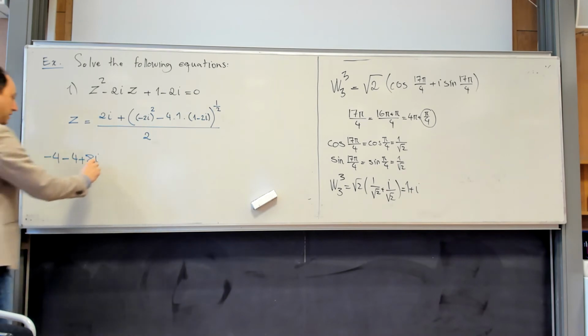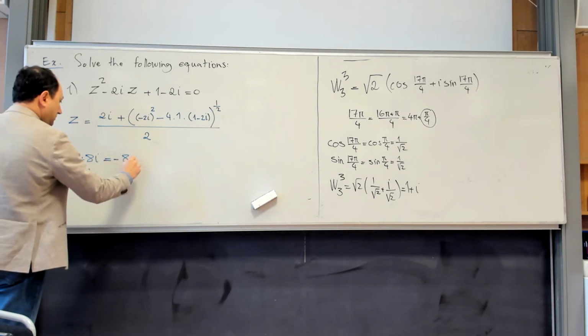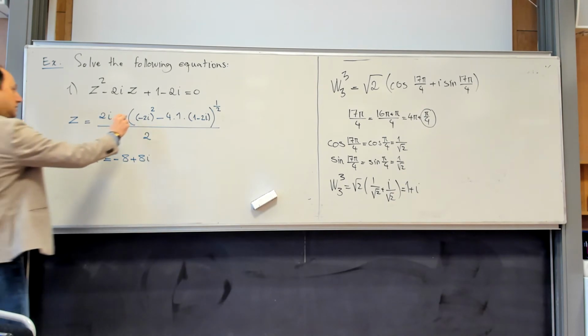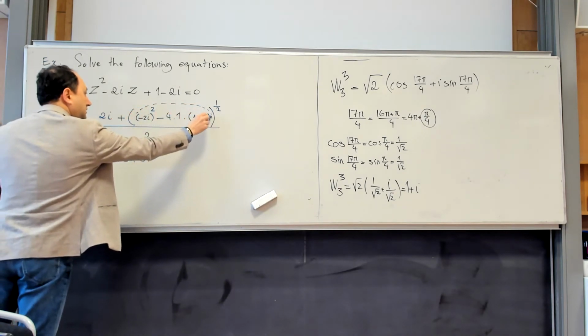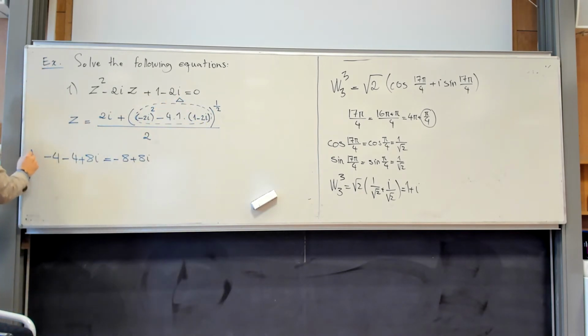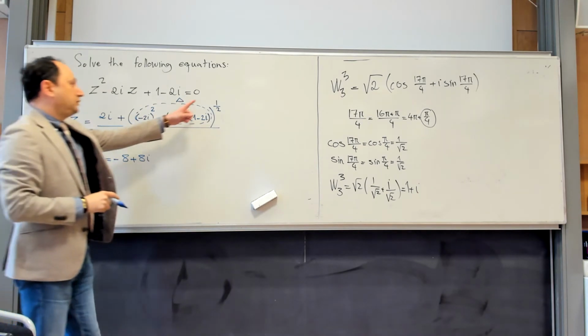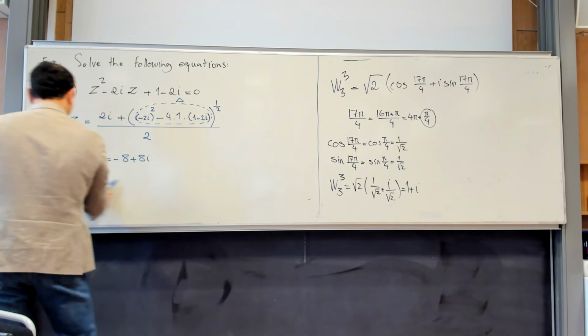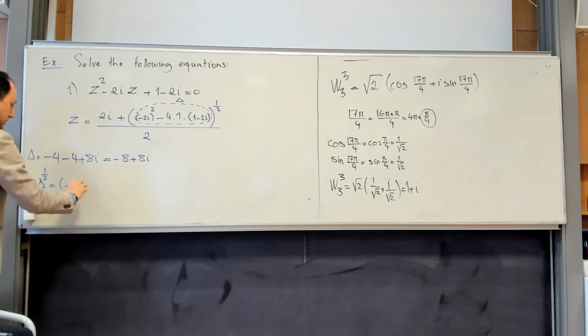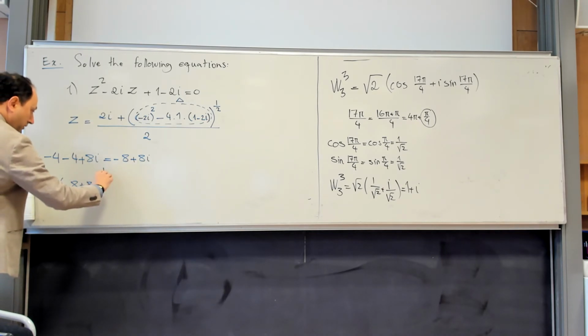And when I simplify that, it becomes minus 8 plus 8i. So this is the expression here. Do you remember, this is called the discriminant, even in Swedish it is the name, and we call it delta. So delta I calculated is this one. Now I want to calculate the power 1 over 2, so we know the formula. So delta to the power 1/2 is minus 8 plus 8i to the power of 1 over 2.